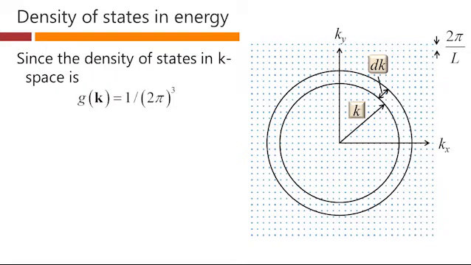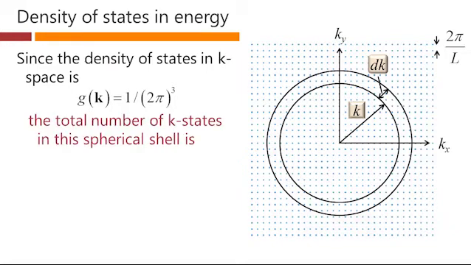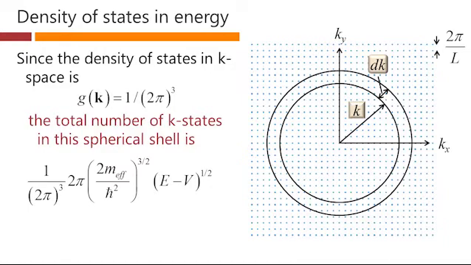Now, the density of states in K space itself is g of k, as we said before, 1 over 2 pi all cubed per unit real volume. So the total number of K states in this particular spherical shell, we've figured out the volume of this shell here in K space, is that volume times 1 over 2 pi all cubed.